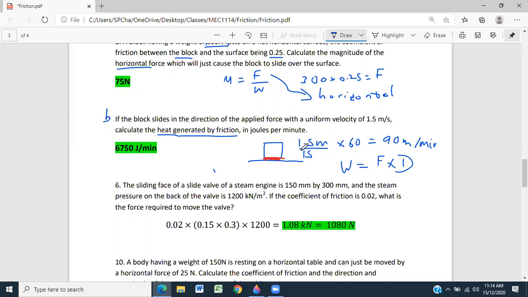That's the distance we would travel in 1 minute. Now, if that's the distance, and F is equal to 75, we multiply that by that and we can find heat. So it will be 90 meters per second. No, because we're multiplying by 60, right?